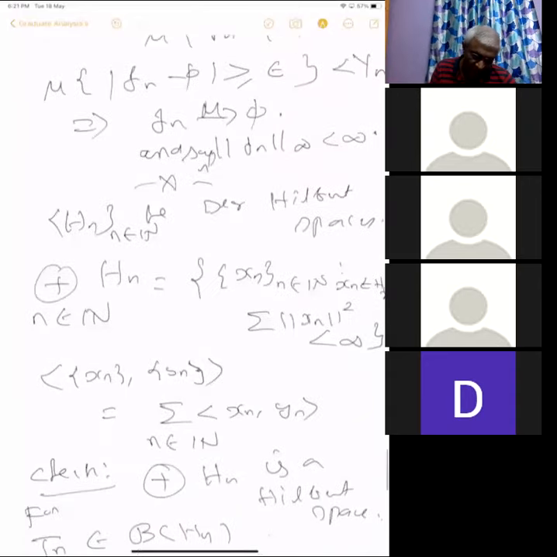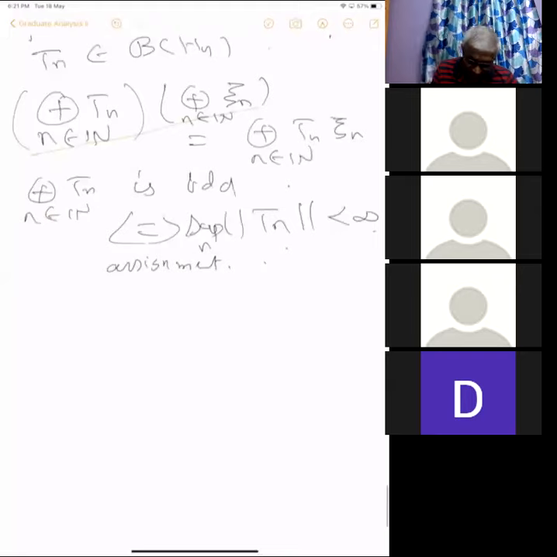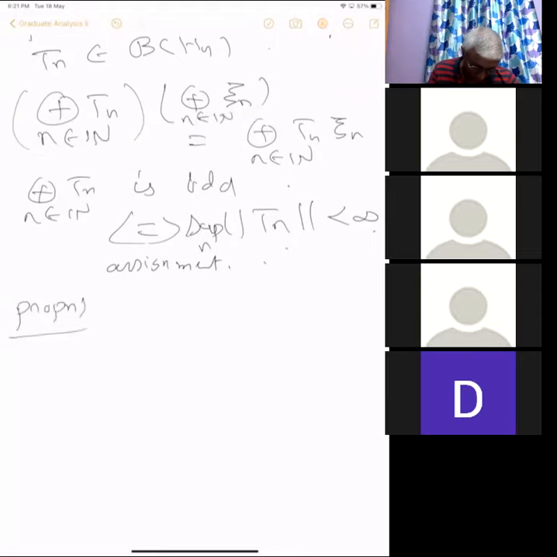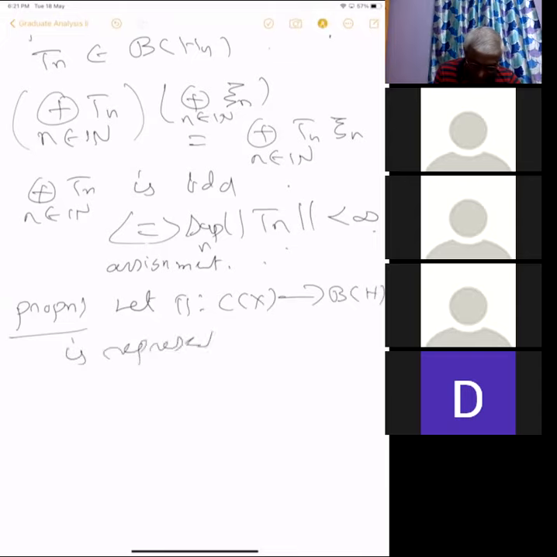So what do we want to do? All this I'm doing because I want to prove this proposition. I have 10 minutes, so let's prove it. Let pi from C(X) to B(H) be a representation. By representation, I always mean a unital star representation, with H separable. Here we have to assume H is separable.